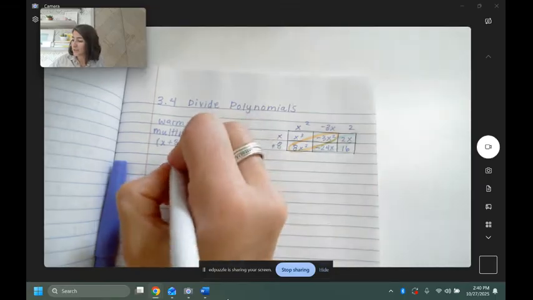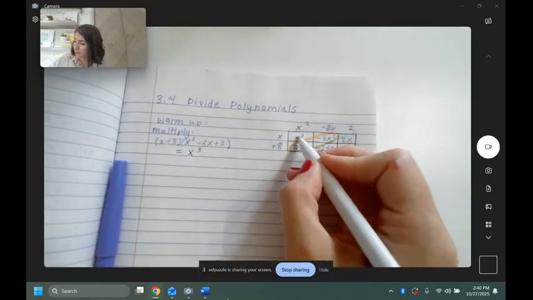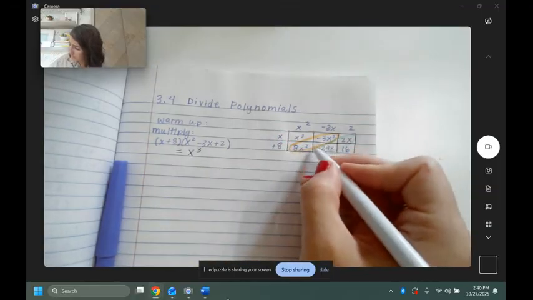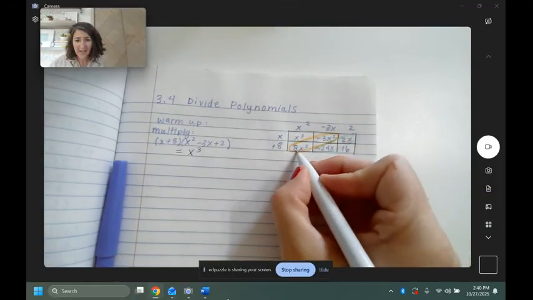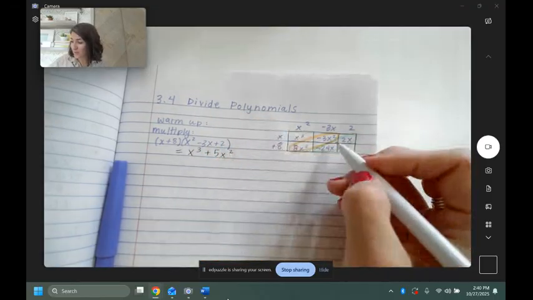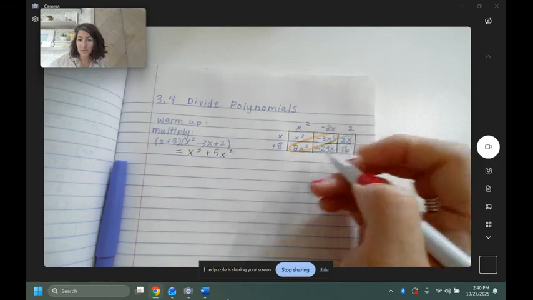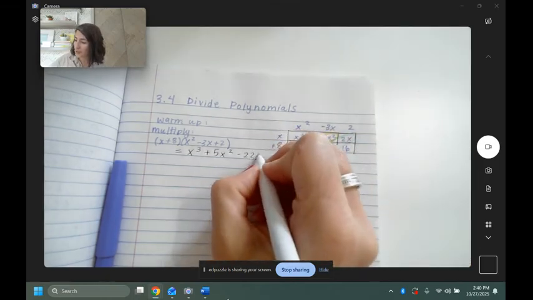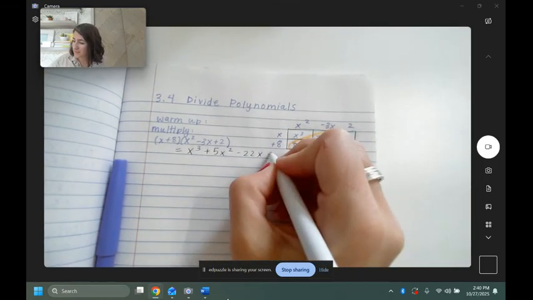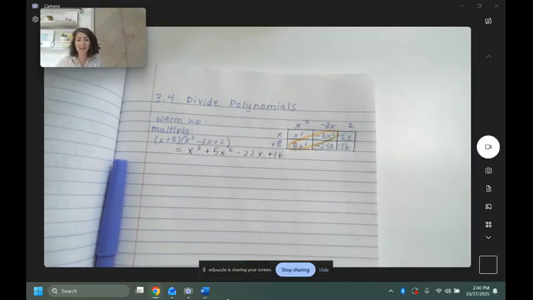So your answer is x to the third, plus these two. So 8x squared minus 3x squared is 5x squared. Negative 24x plus 2x is negative 22x plus 16. So each of those pieces worked together there.